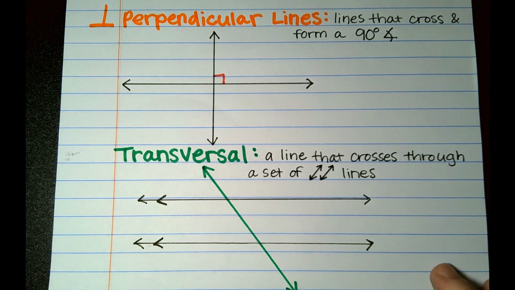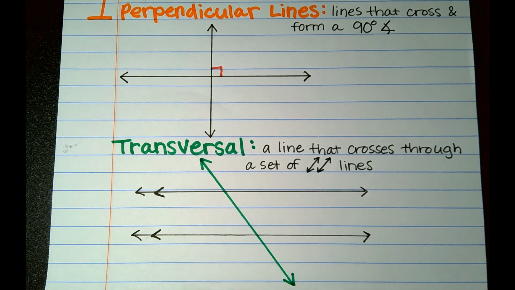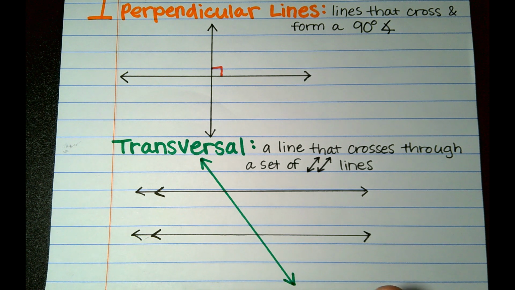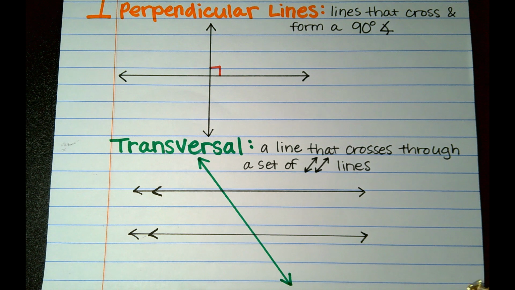So I just want to give you those 3 new vocabulary words. And once we've got that down, we're going to go to the next page and draw kind of a big version of this picture. And we're going to talk about some things and how we can use them.